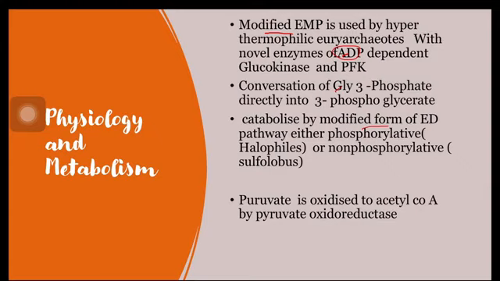Another unique step in this modified EMP is the conversion of glyceraldehyde 3-phosphate into 3-phosphoglycerate. In the usual glycolysis process, glyceraldehyde 3-phosphate is oxidized to 3-phosphoglycerate with NAD as an electron acceptor.